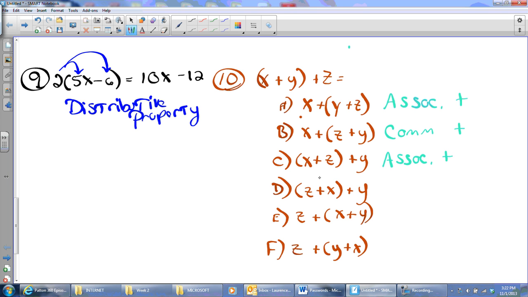All right, then inside that group, the x and z switch positions. That's the commutative property of addition. Then the parentheses moved from the z plus x to x plus y, right? So that would be the associative property once again. And then finally, inside the quantity, x plus y became y plus x. Well, that is the commutative property of addition.